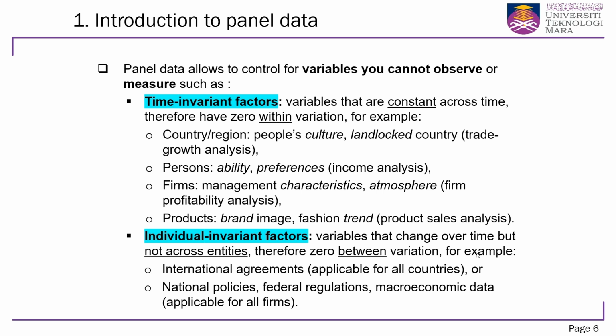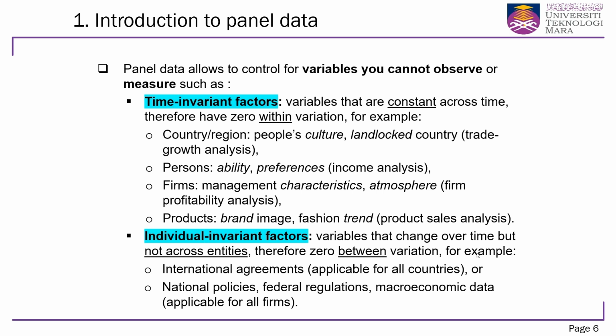This constant unique characteristic is definitely going to have an impact on the relationship between x1, x2, x3, and y. If we say y is GDP and x1 is trade, the impact of trade on GDP in Russia, Australia, or any other country is definitely going to be different because of the people's culture or any other unique characteristic belonging to the country.